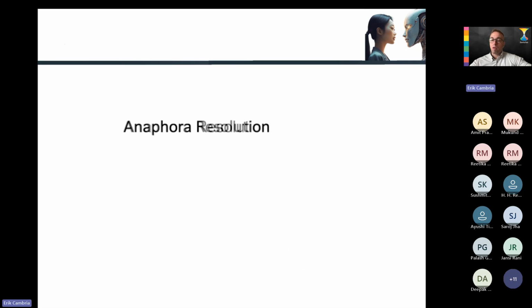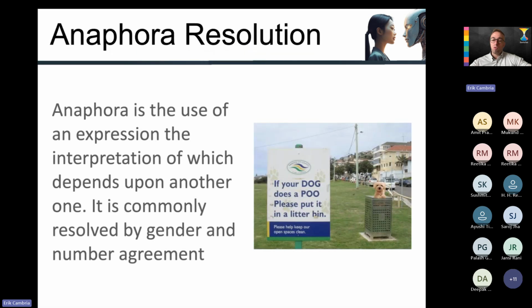Next, we have anaphora resolution, which is also very important for all those texts where you have a lot of pronouns like it, he, she, they. And here again, you can have something very simple, for example, just looking at whether some nouns in the previous part of the sentence are plural or singular, or based on gender.